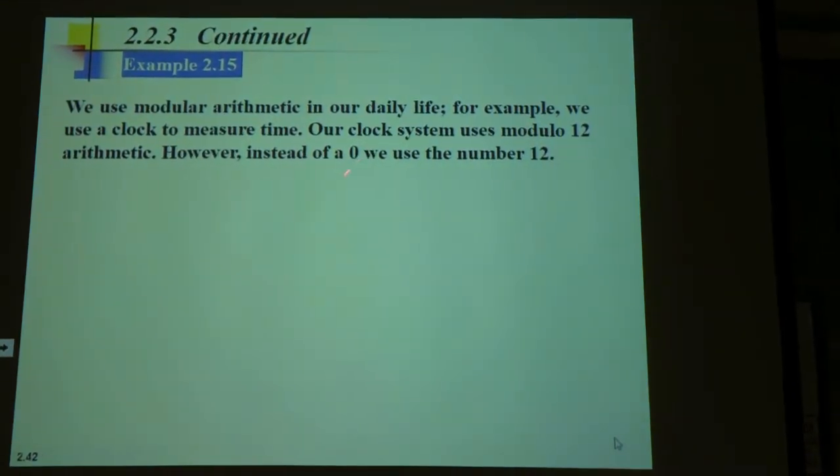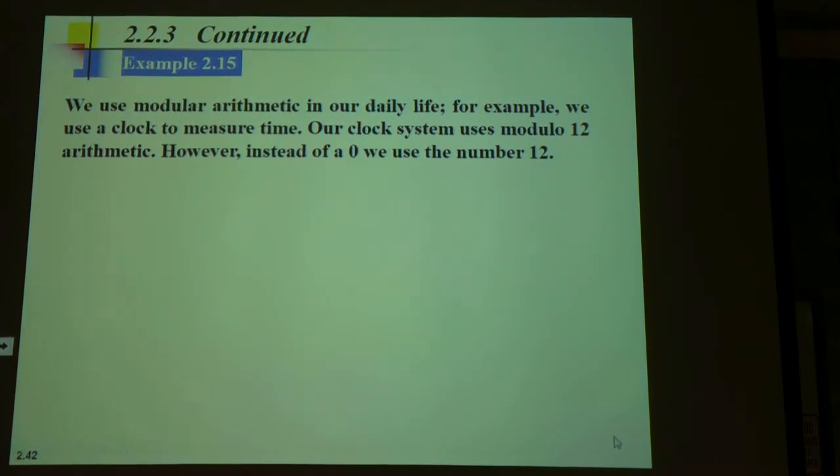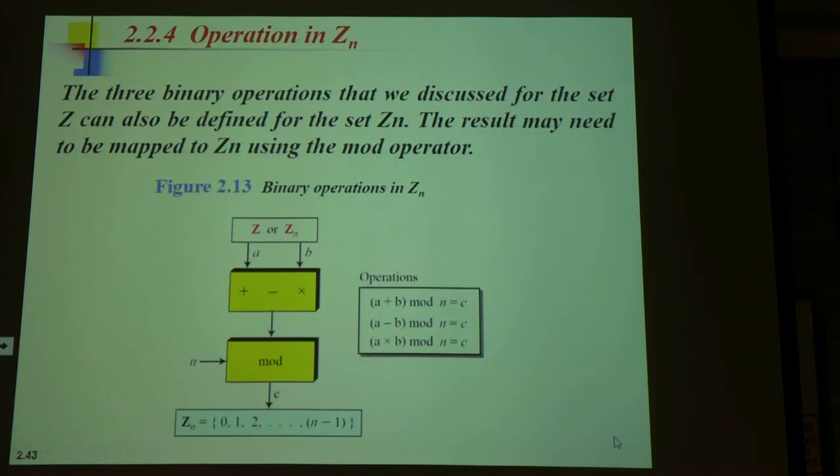However, instead of 0, we use the number 12. All right. So operations in Zn: the 3 binary operations that we discussed for the set Z can also be defined for the set Zn.